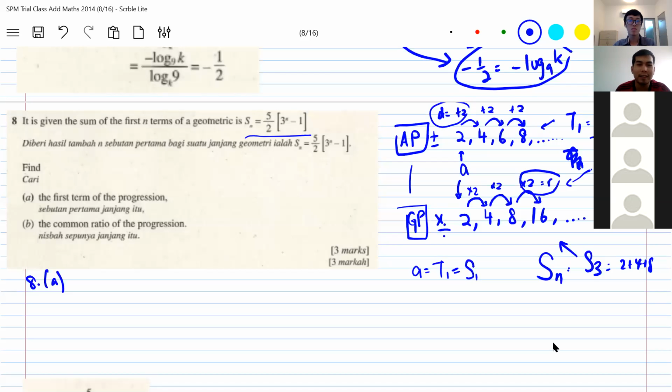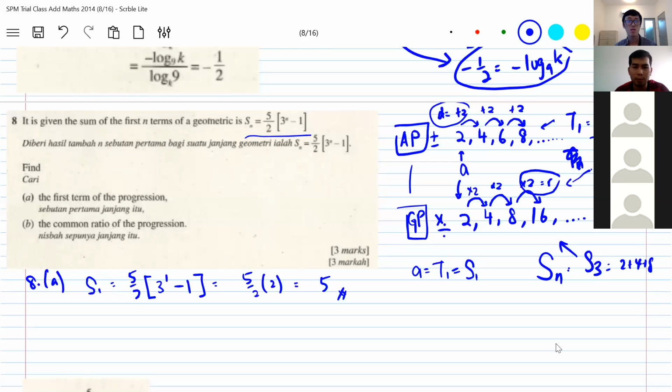It is the first term itself, right? So in this case, with the Sn given, you just sub S1 equals 5/2. All n's that occur in the question, just sub it with 1. There will be 5/2 times 2, 5.